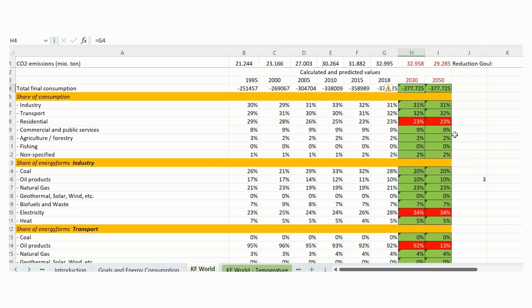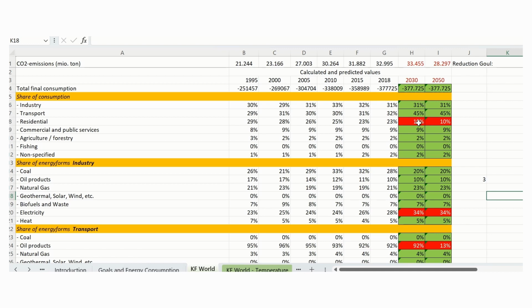The next thing you have to fill in here is the distribution of this total energy consumption here between the different sectors. And here, if you, for instance, assume here that there will be an increase in the energy use in the transport sector, you put a new value in here, for instance, 45 here, and then automatically this value for residential will decrease.